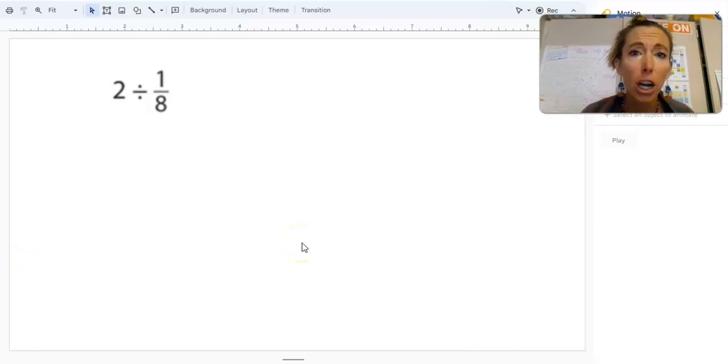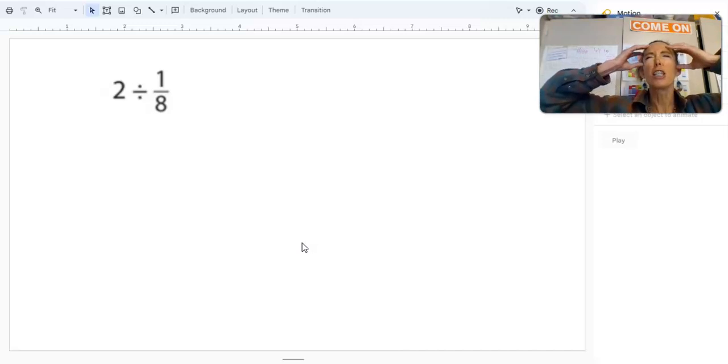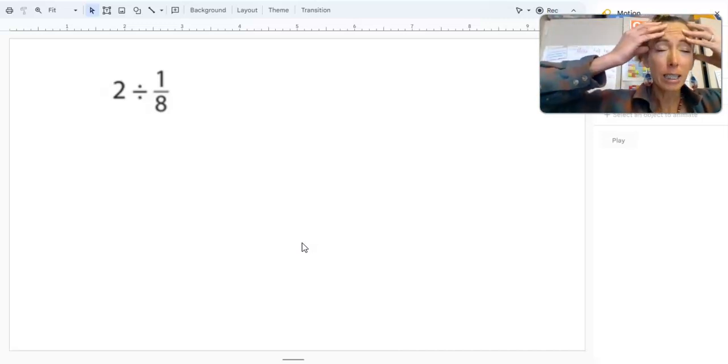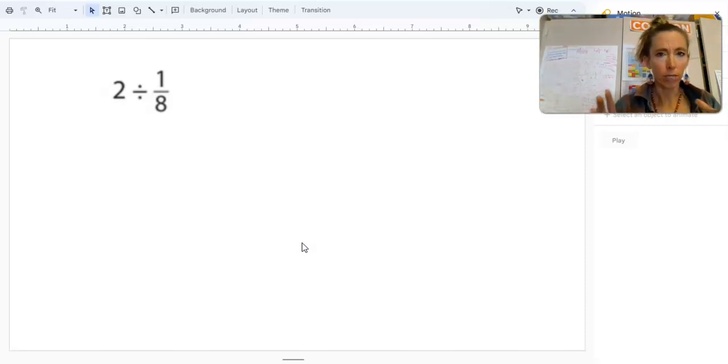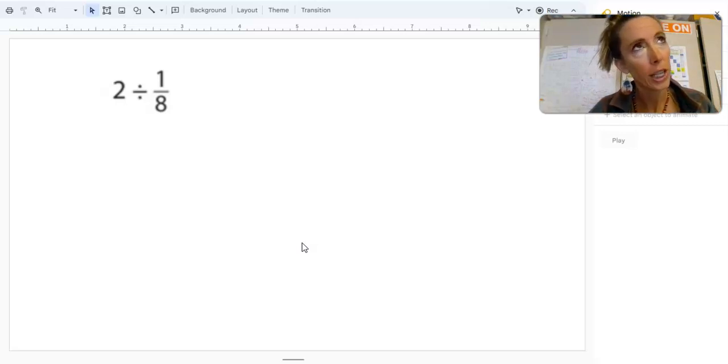Oh, there's no picture. That's okay. Maybe you can just think about it in your mind. Visualize. Okay, what am I starting with? I'm starting with 2. Visualize it without even drawing it. Maybe you're thinking 2 squares. Maybe you're thinking 2 circles. Maybe you're thinking 2 rectangles. Maybe you're thinking 2 octagons.